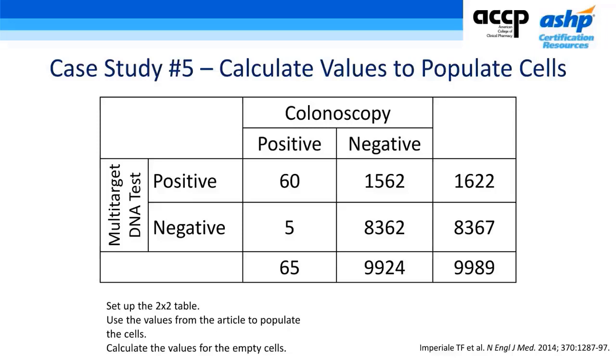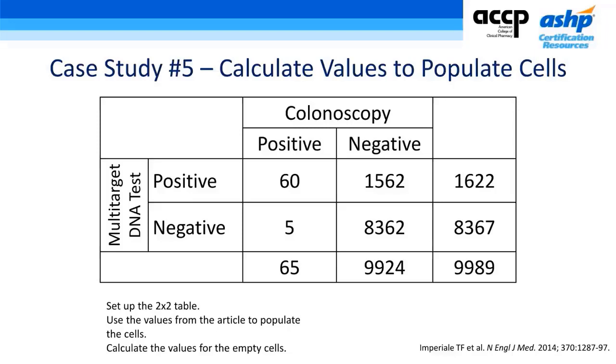So we had cell A of 60 and we had cell A plus C of 65. So that's how we get 5 for cell C, the false negatives. And then we had A plus B and we had A. So we could get our false positives of 1,562.